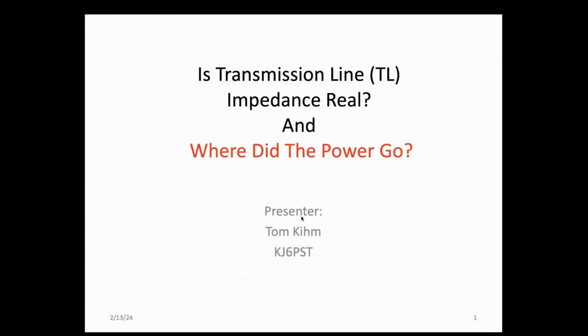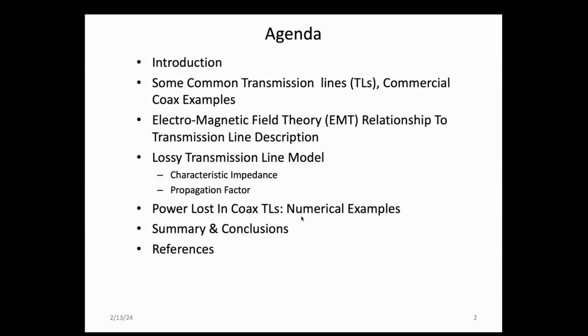Okay, the topic is transmission line impedance real, and where did the power go? These are two related questions, as I hope to reveal to you soon. Next slide, thank you. We'll have a brief introduction, give some examples of common transmission lines, some commercial coax examples, and then try to develop the relationship of electromagnetic field theory, which all of our radio is based upon, to transmission line description.